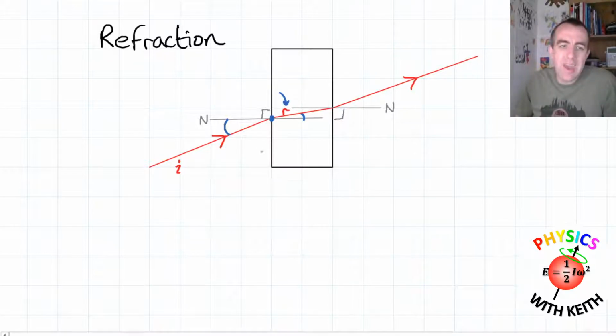And so we call the angle that the incident ray makes to the normal the angle of incidence. And we call the angle that the refracted ray makes to the normal the angle of refraction. Then you can see that as the ray enters the glass, or any more dense medium, the angle of incidence is larger than the angle of refraction. And there's a beautiful equation to explain that, which I might include a little bit later, which we use at A level.